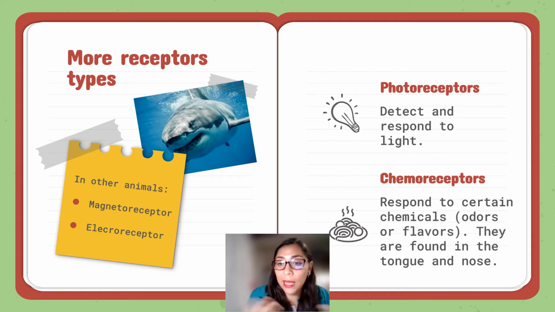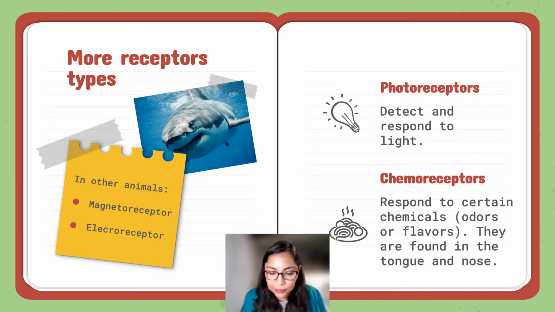They are found mainly in the taste buds on our tongue, and they are needed for the sense of taste. But we also have chemoreceptors in our nasal passages, in our nose. So in our nose, they are needed for the sense of smell.